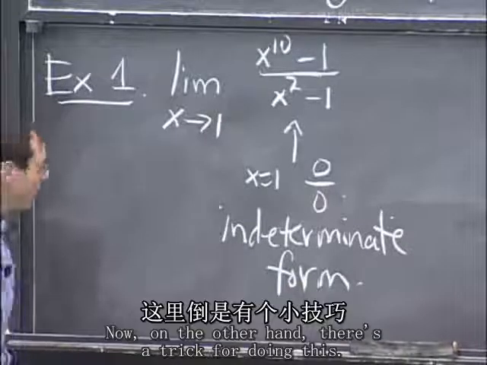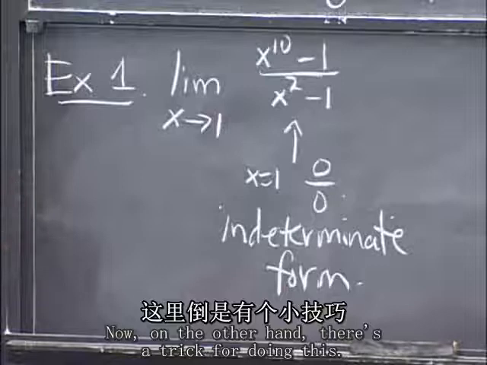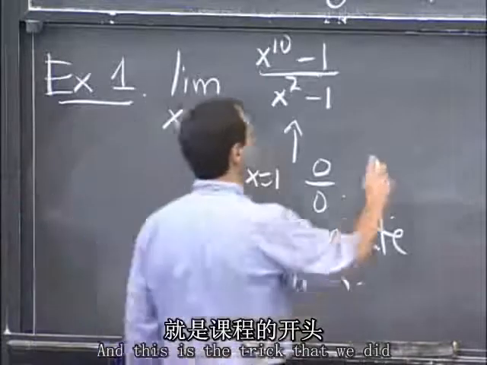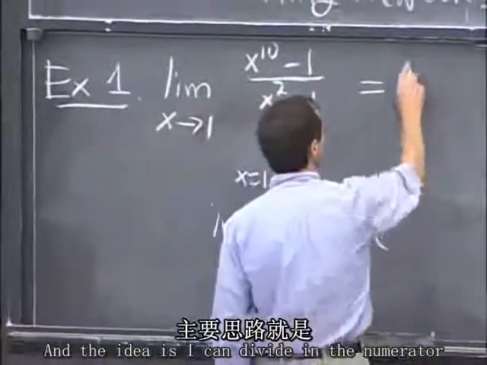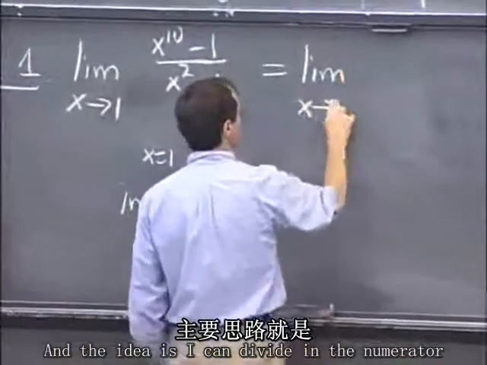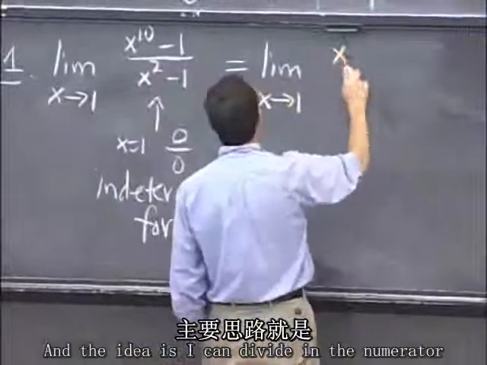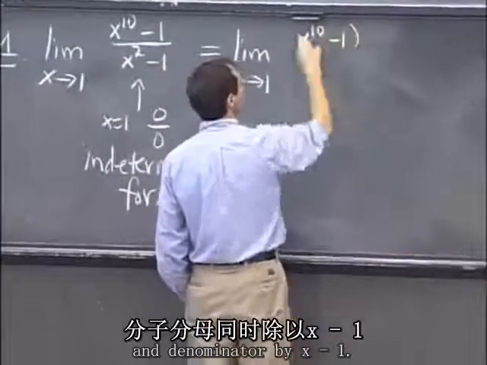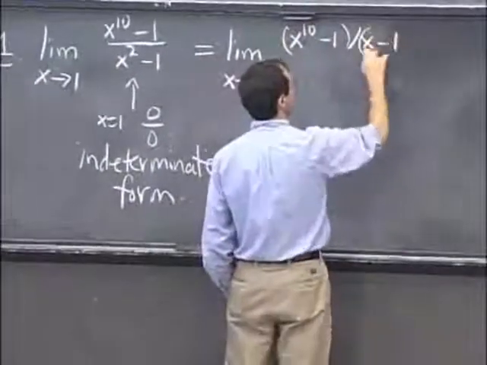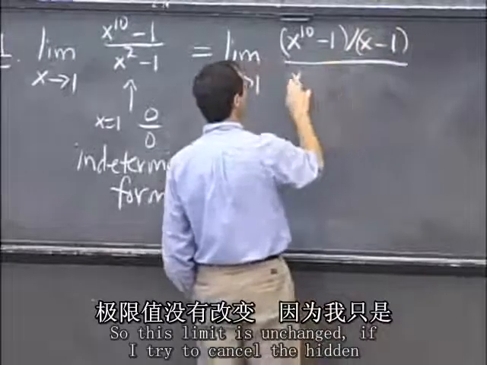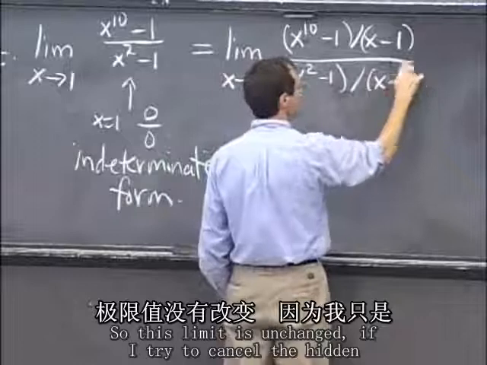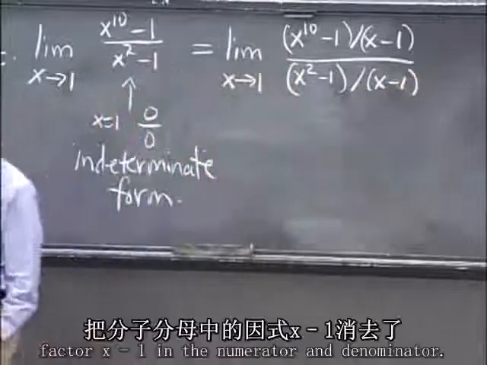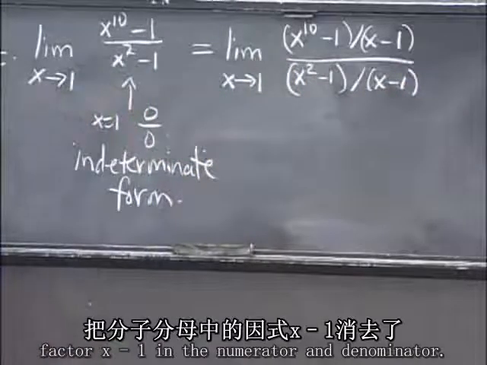Now, on the other hand, there's a trick for doing this. And this is the trick that we did at the beginning of the class. And the idea is I can divide in the numerator and denominator by x minus 1. So this limit is unchanged if I cancel the hidden factor x minus 1 in the numerator and denominator.